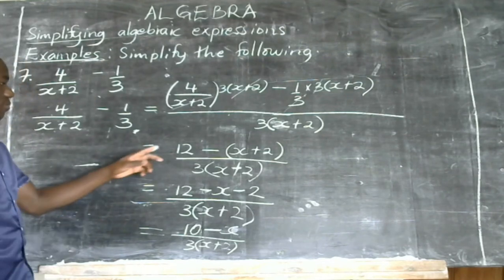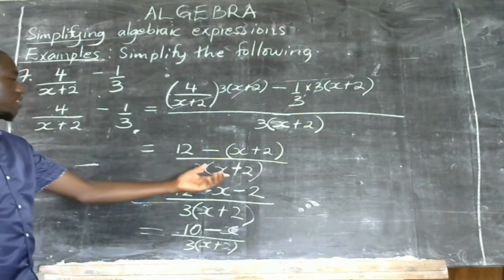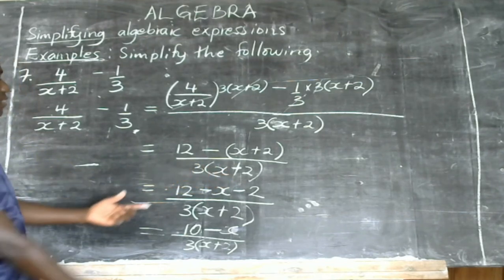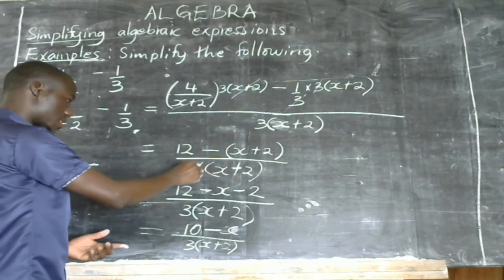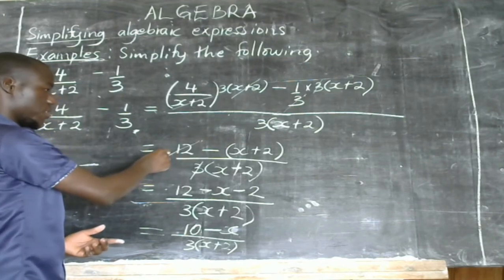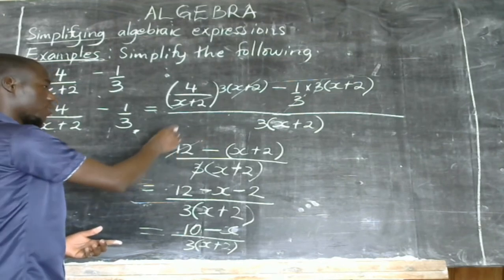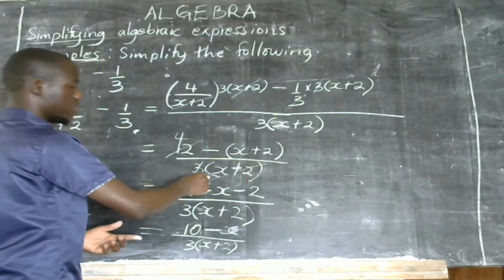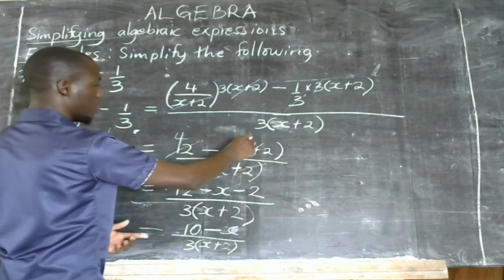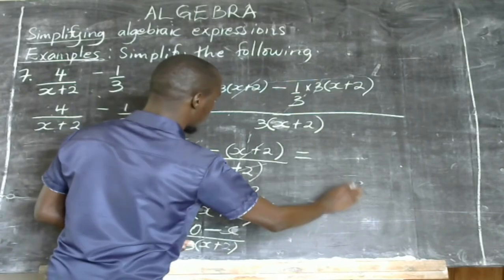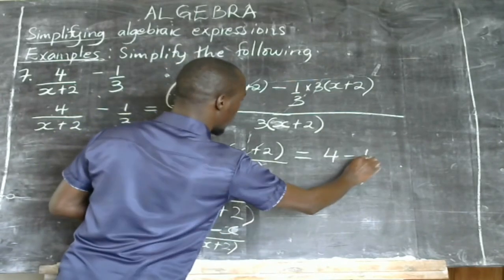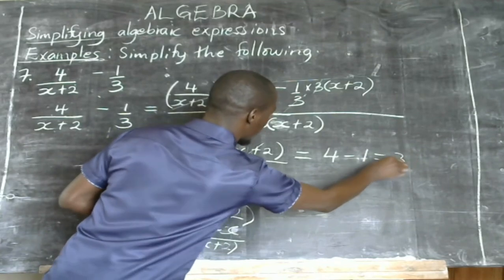Now, some students, when they reach such a stage, can start cancelling out the 3 with the 12 to have a 4 there. Then that person can cancel out this bracket and that bracket to have the 1 there, and give you the answer as 4 minus 1 to have a 3.